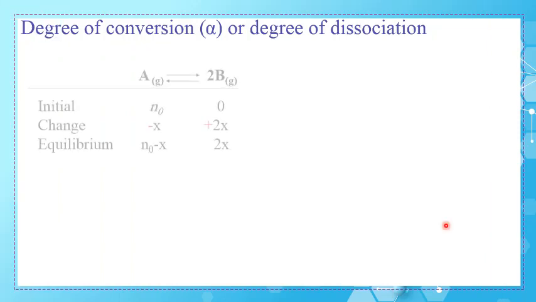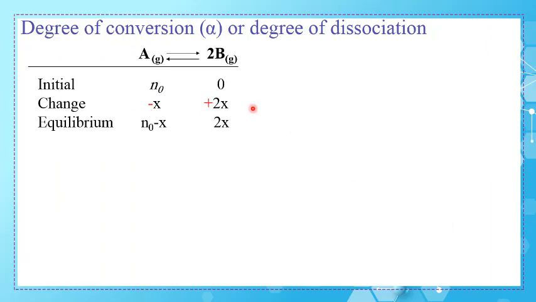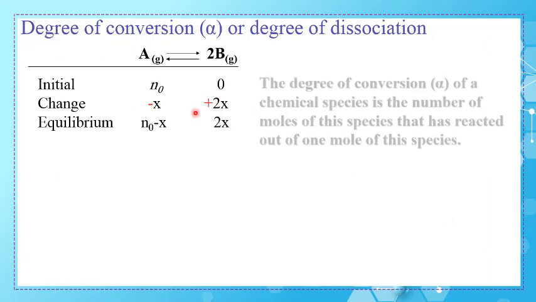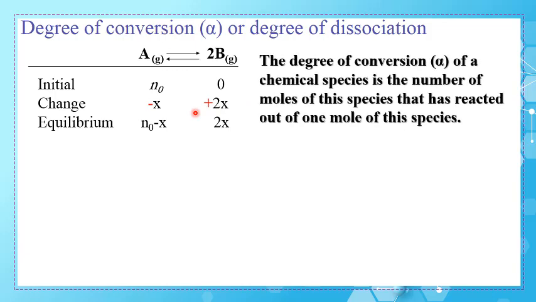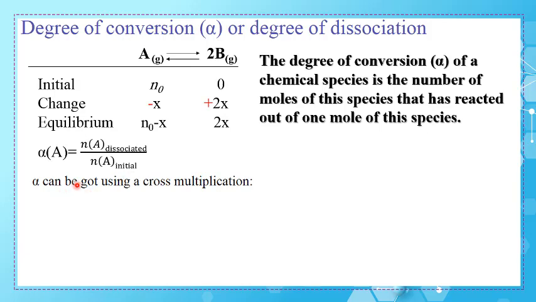It means, again, this is the same table as the previous slide, and this is the definition of alpha. To get alpha, it's simply the number of moles of the species we considered here, A, that is dissociated or converted, over the number of moles of A initially. How? To get alpha, we can use a cross multiplication.